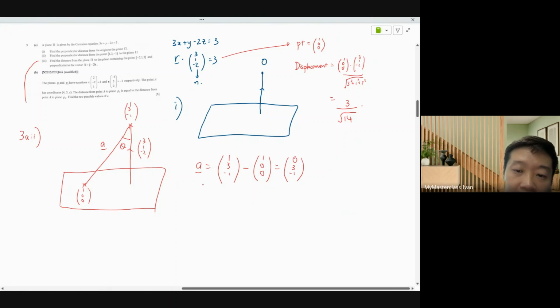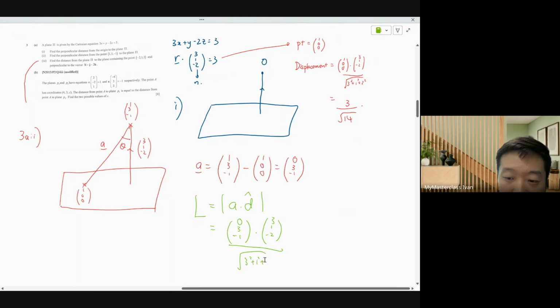Are we looking for perpendicular distance or length of projection? Tell me. So big L is equal to A dot n hat, which is 0, 3, minus 1 dot 3, 1, minus 2 over square root of 3 square plus 1 square plus 2 square, modulus it.